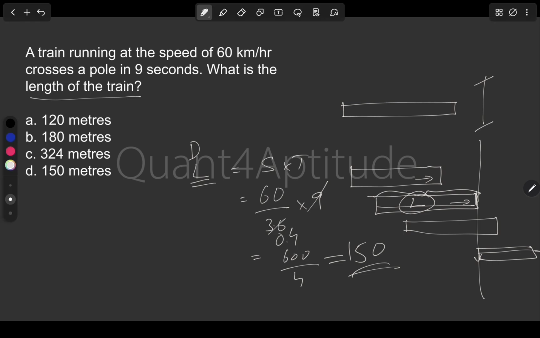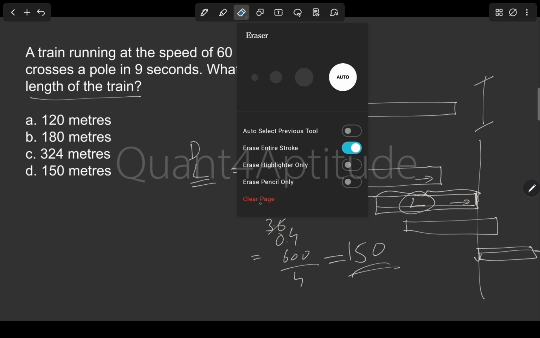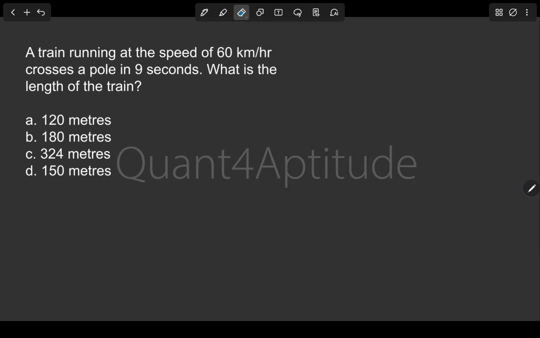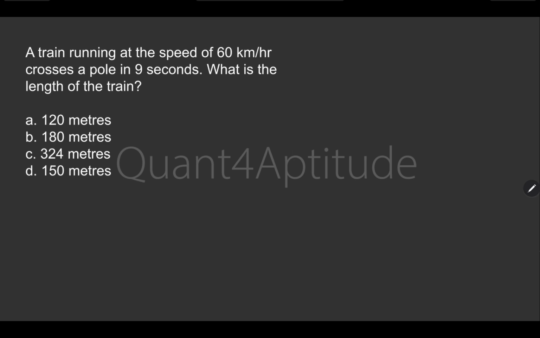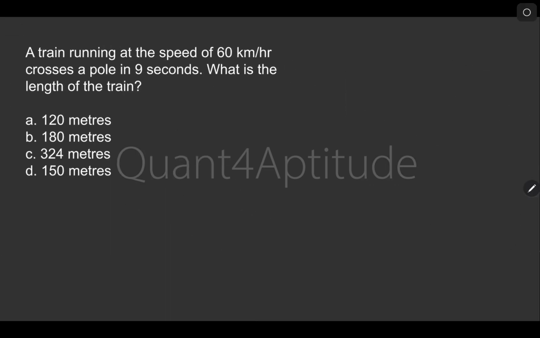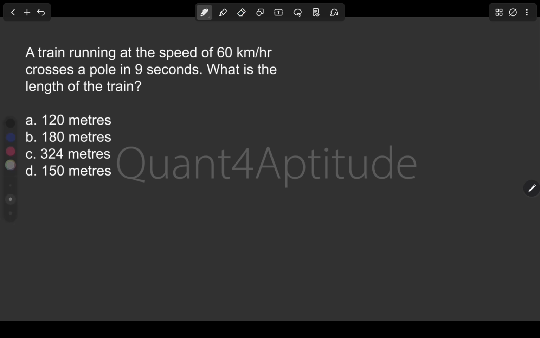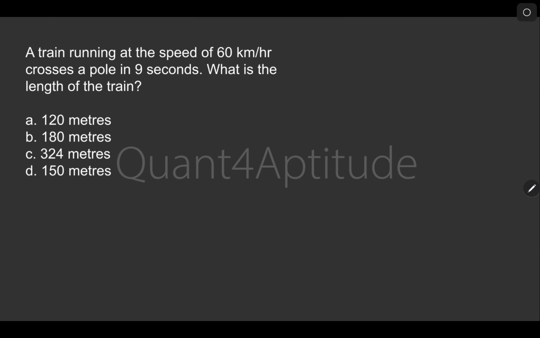Now, there are three kinds of scenarios in these questions: a train crossing a pole, a train crossing a platform, or a train crossing another train. As we understood the pole and train concept, let's try and understand what happens when a train has to cross a platform. It's a similar situation.